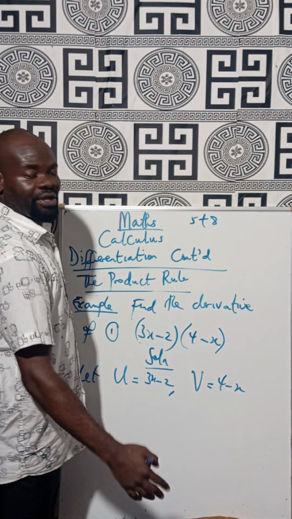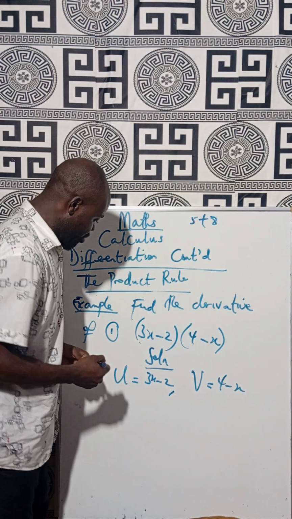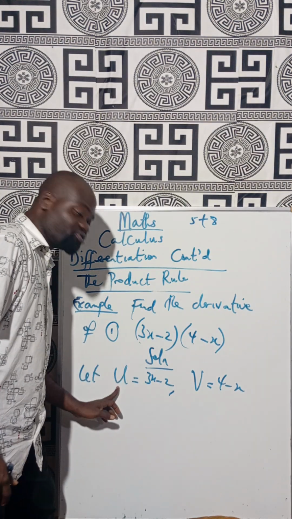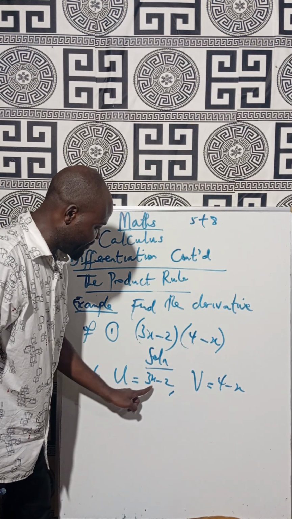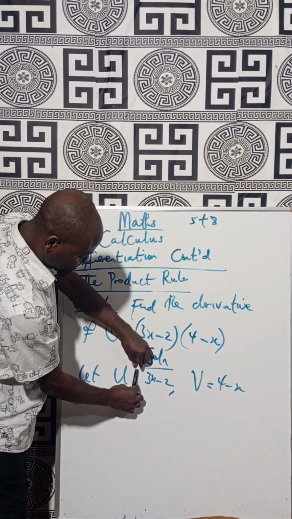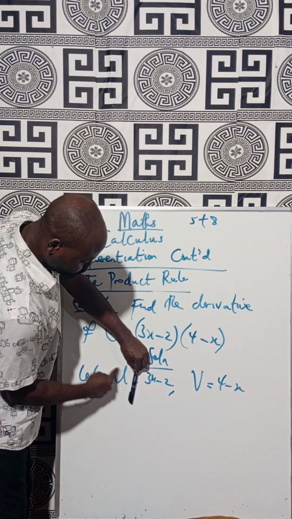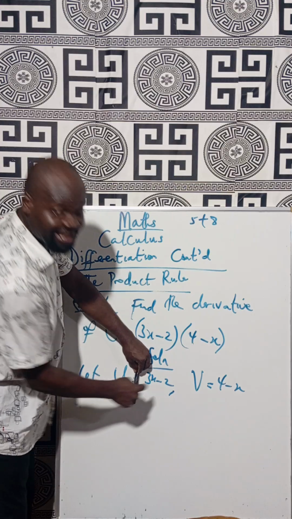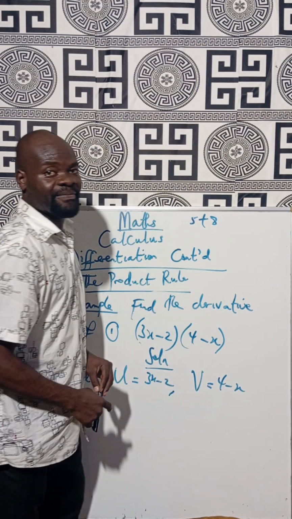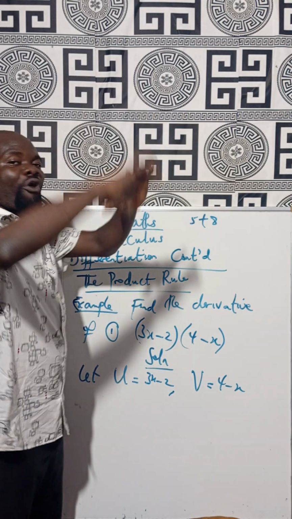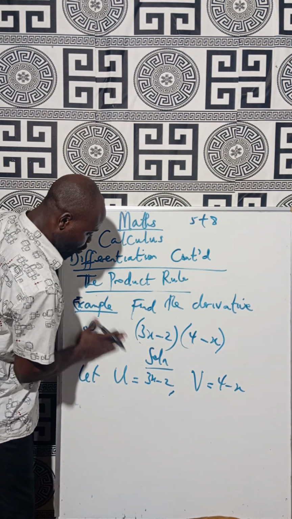You can see now. So from here, what can we find? Look at it now. What do we have on the left hand side? We have u. On the right hand side we have x. So we have u here and x here. That is du/dx. What can we find here? dv/dx. So that means our original question, which is y, don't forget that this will be equal to y.